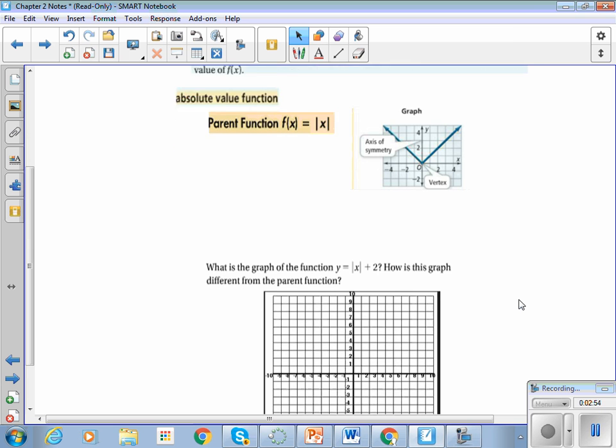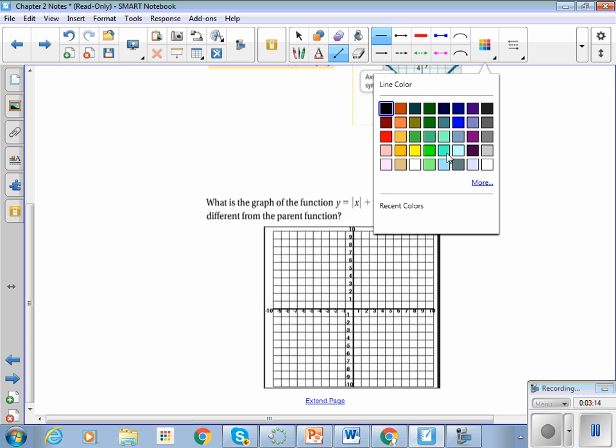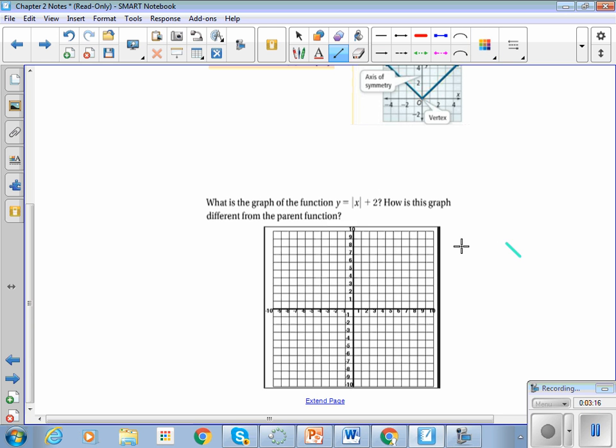All right, so let's graph. This will be fun. We're going to graph y equals absolute value of x plus 2. So let's go ahead and put our parent function on our graph. And I'll make the parent function a nice little teal blue.